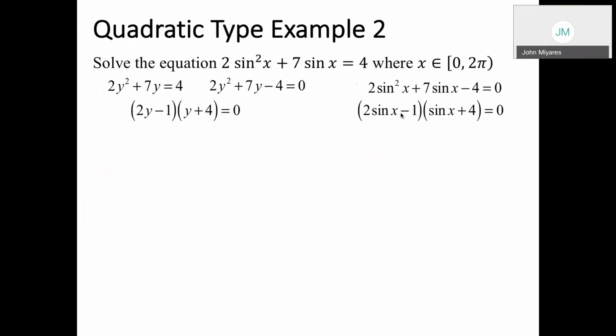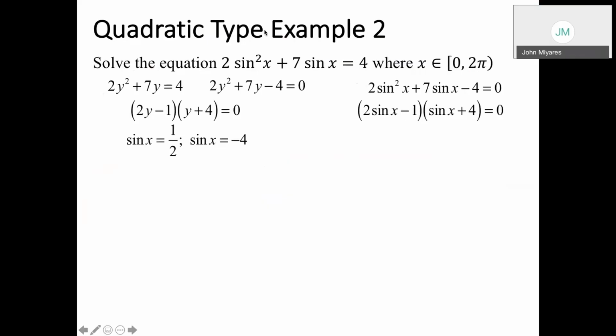From here, we want to set each piece equal to 0 and isolate the sine of x. In the first factor, if you add 1 and divide by 2, you get sine of x equals 1/2. In the second factor, you subtract 4 from both sides to get sine of x equals -4.